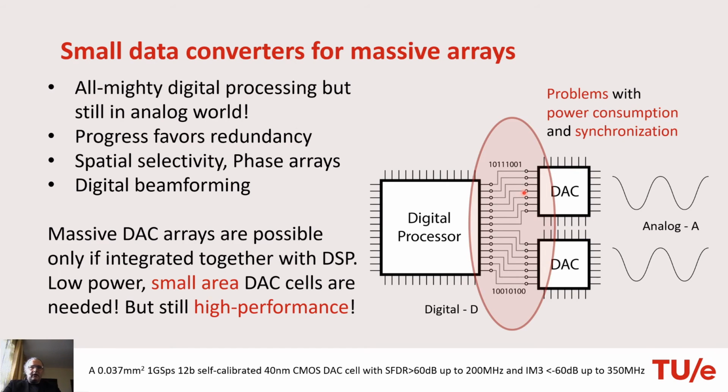This will create a lot of problems with synchronization, but also will require a lot of power to drive these signals at high speed. So what you want is to put these D2A converters inside the digital processor.